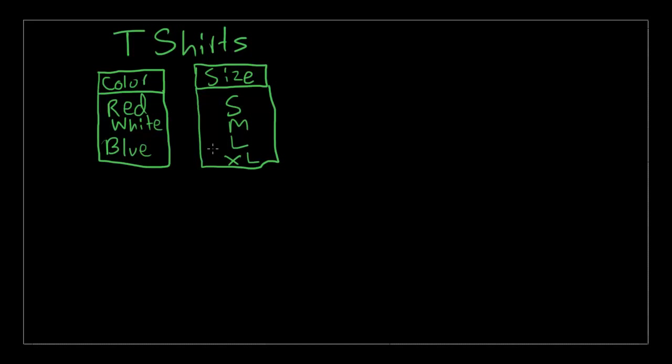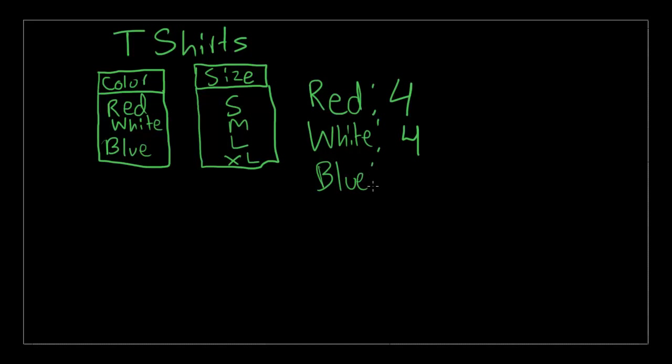So, for this, let's just start with one of the colors. How many possible iterations of red are there? There are 4 possible sizes of a red shirt. Small, medium, large, and XL. How about white? Same thing. It can be small, medium, large, and XL. And blue is also the same thing.